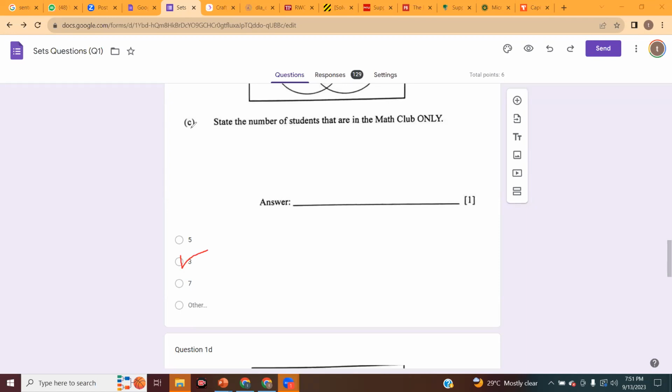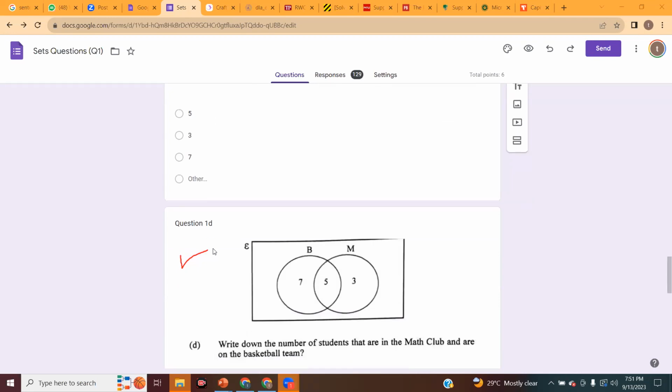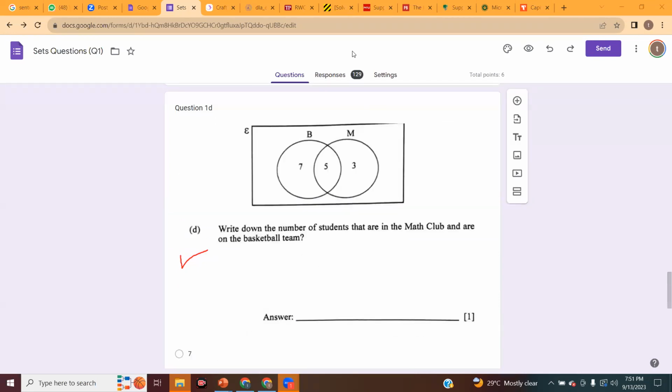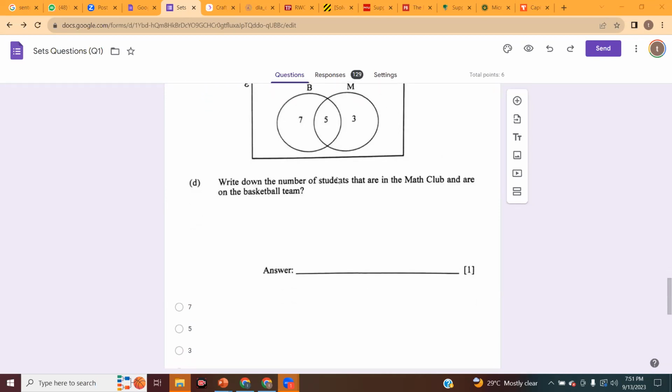And then for D, it says write down the number of students that are in the math club and are on the basketball team. What is that? 5.